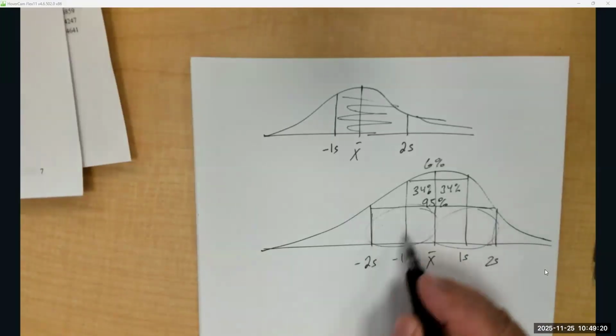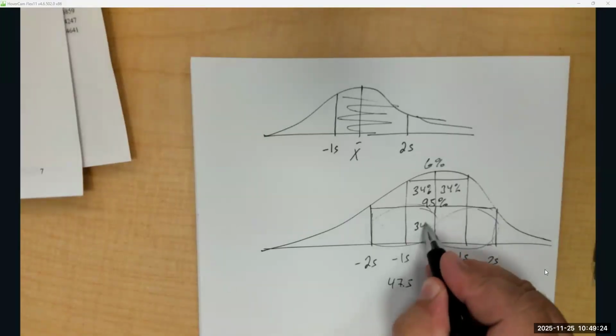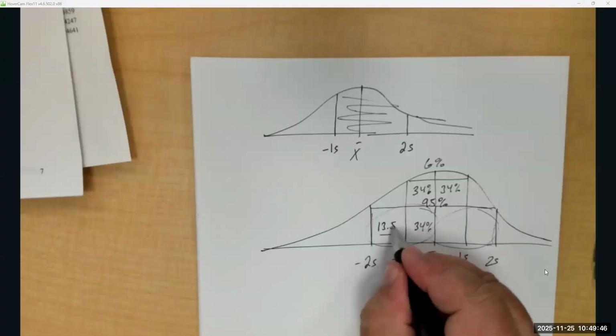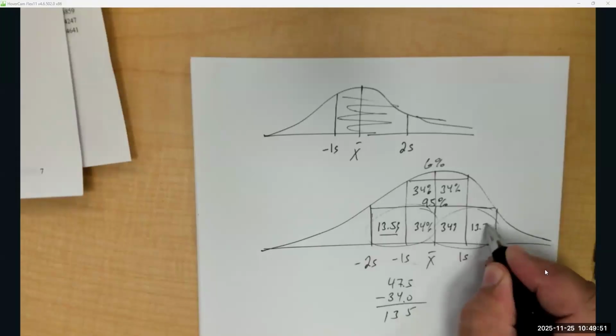So if this half is 47.5 and this is 34%, how much is in here? Subtract. 13.5. So this is 34%. This is 13.5.